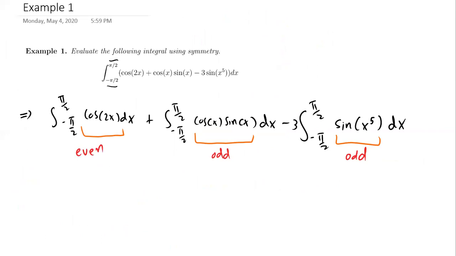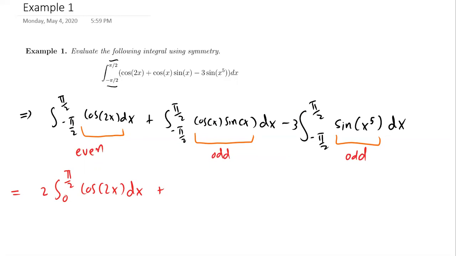Well, simple. This one was odd, this one was odd, this one was even. So we can rewrite this: for the even part, cosine of 2x, the integral from negative pi over 2 to pi over 2 of cosine 2x dx is the same as twice the integral from 0 to pi over 2 of cosine of 2x dx. Plus, well, cosine x sine x was odd, right?